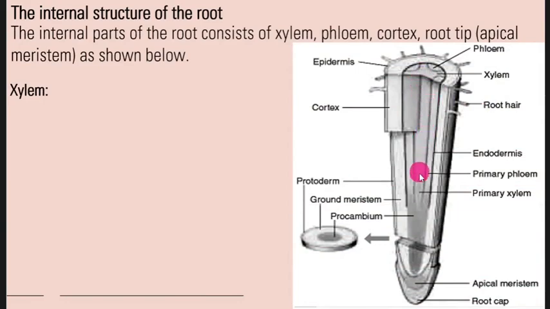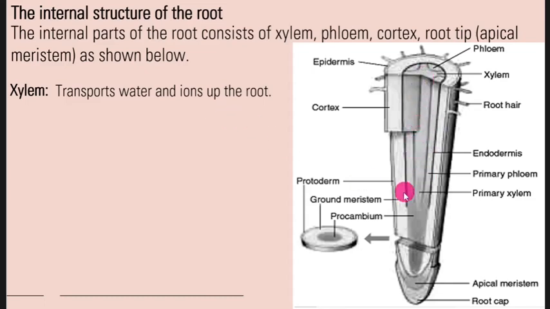This inner part here of the root, its function is to transport water and ions up the root. So now you know what each one of these does. We said the root hair absorbs water and mineral salts from the soil. Now here we are learning that the xylem transports water and ions up the root.